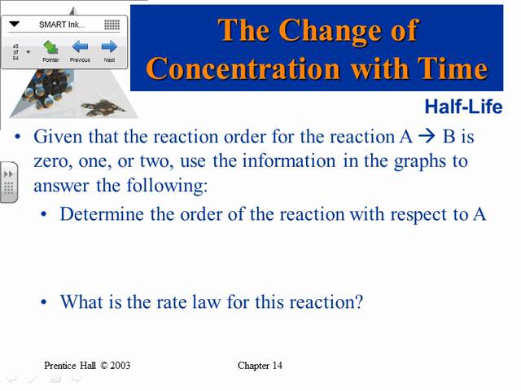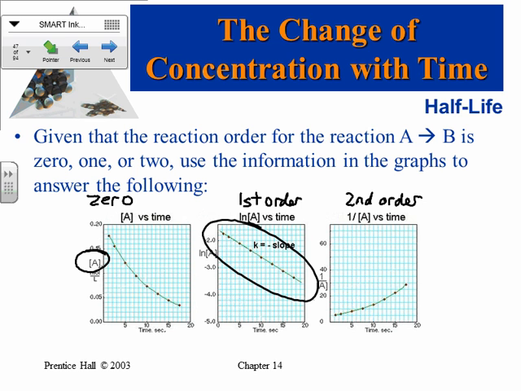Determine the order of the reaction with respect to A. Oh, wait, we just did that, didn't we? So we said it's first order based on the graphs. What is the rate law for this reaction? Here's our equation, A to B. Now, we always write our rate law with respect to what? Reactants or products? It's reactants, right? So we talk about the rate of disappearance of the reactants.